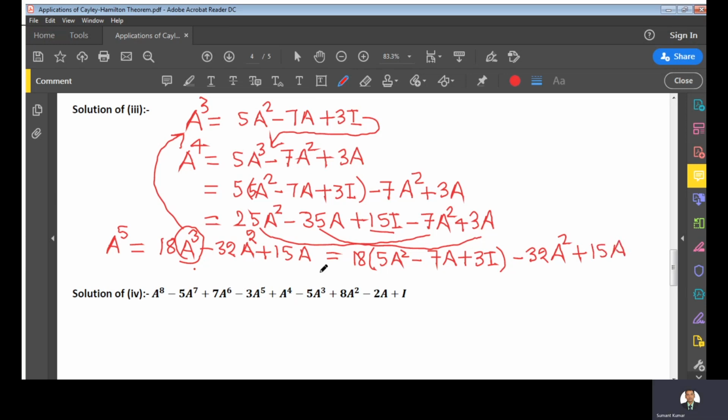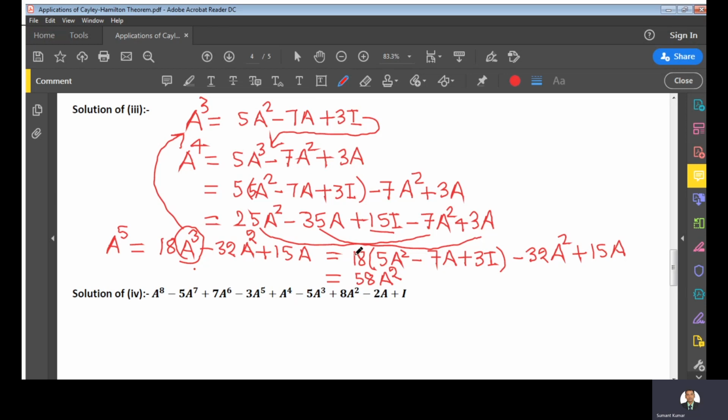Now, on simplification, what will you get here? When you simplify it, 18 times 5 is 90, right? And 90 minus 32, what will happen here? You will get 58A square, right?